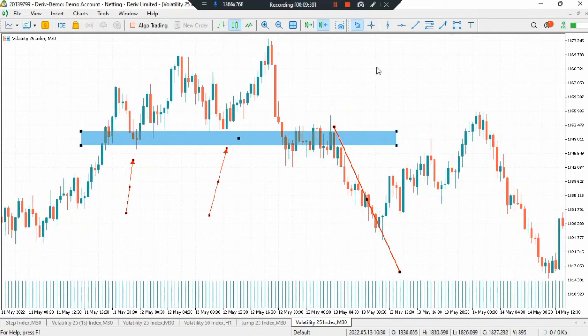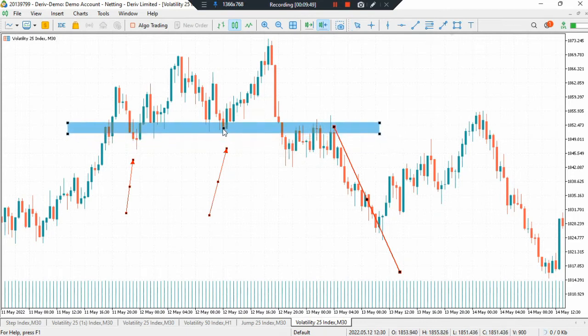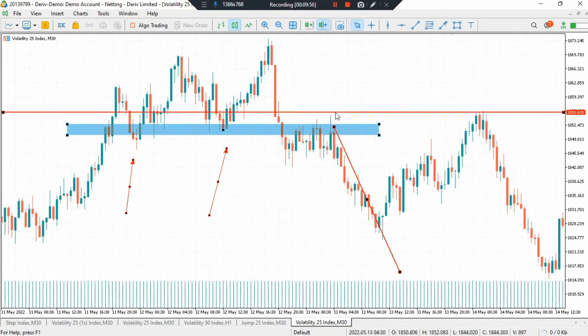Okay, so as you can see, once we broke below, let me just correct this, put it around this area. So we broke below, then we retested. What are we doing here? Placing our stop loss around this area, then placing our sell stop around this area.